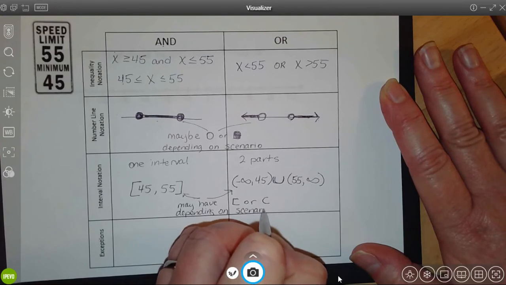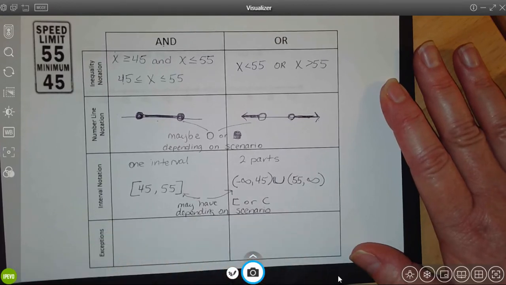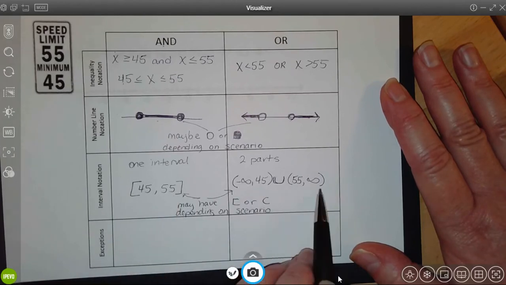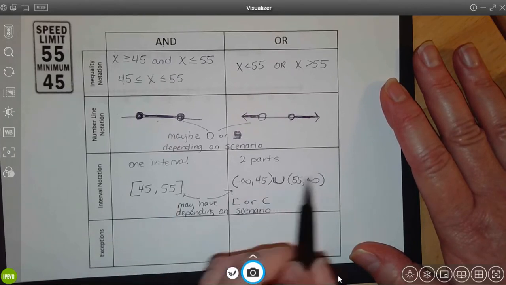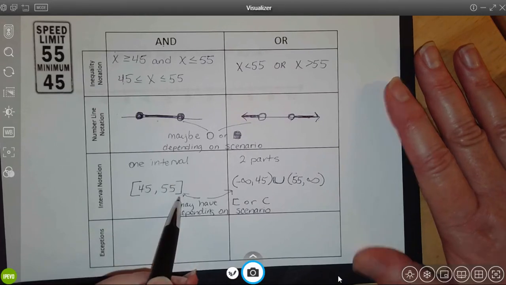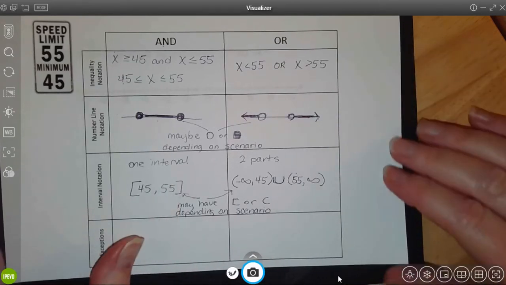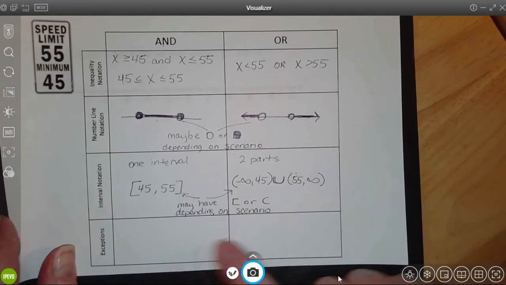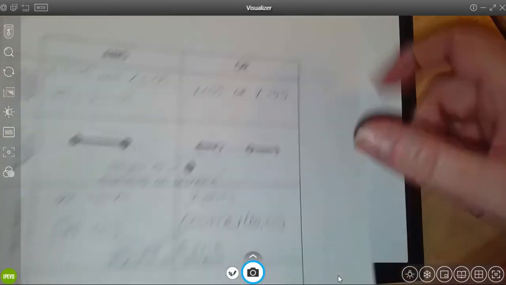So what I have in this table is not always going to be true. You will not always have two brackets here or just parentheses here. You could have a bracket here. You could have parentheses here. It just depends on the scenario at the time. So we're going to come back as we work through today and fill in these two exceptions.